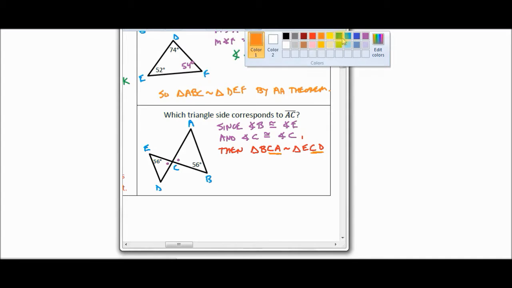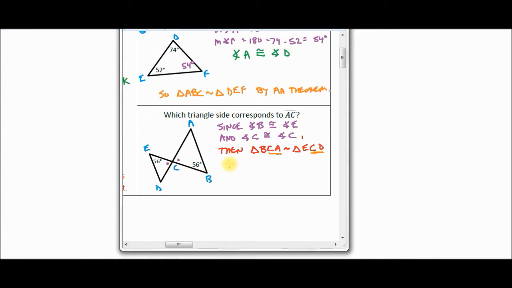So our final answer is going to be AC corresponds to CD. Or we can actually say DC. It doesn't matter. If you want to put it in the same order as AC and say DC, you can do that as well. CD and DC are the exact same thing.